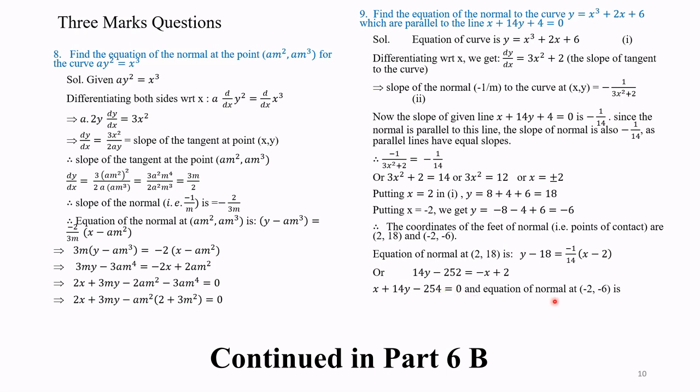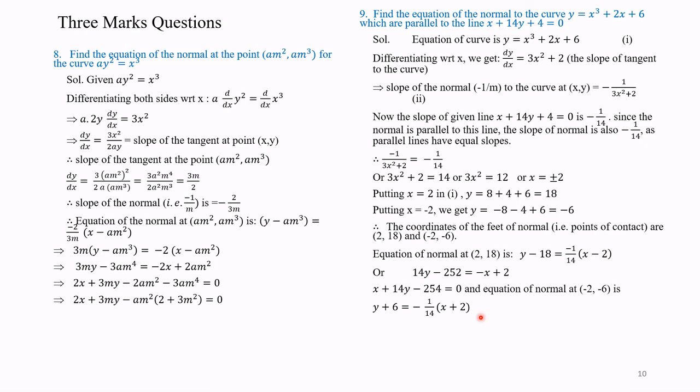The equation of normal at minus 2 and minus 6 is y plus 6 is equal to minus 1 by 14 into x plus 2. Cross multiplying, 14y plus 14 into 6, which is 84, equals minus x minus 2, or x plus 14y plus 86 equal to 0.